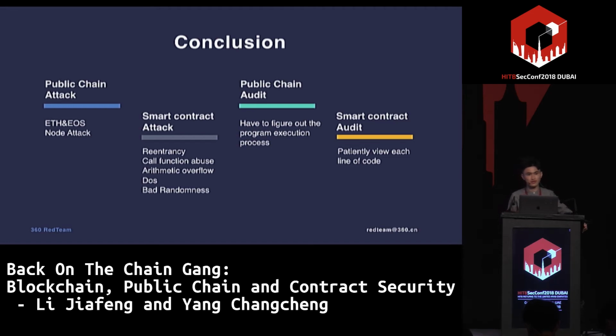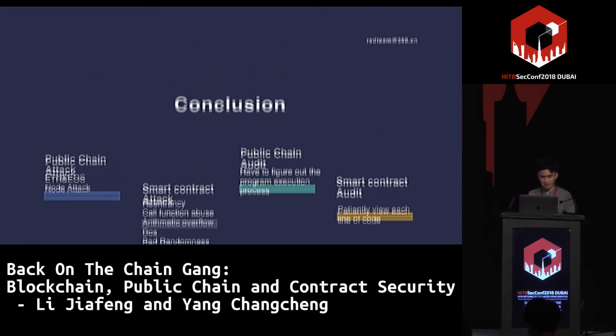So you need to figure out what is useful, and to figure out the program execution process. And for the smart contract auditor, just be patient, because the code is not too much. Usually it just has several hundred lines to read, and just view each line of code. And with this, thank you.